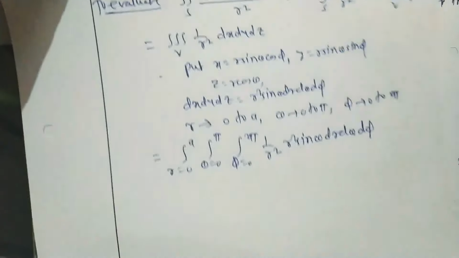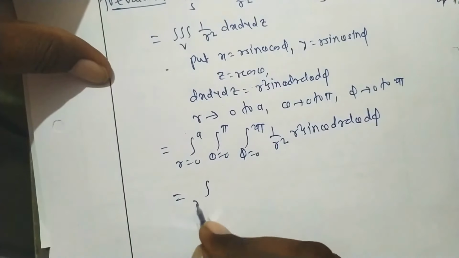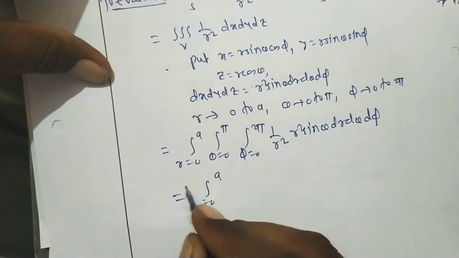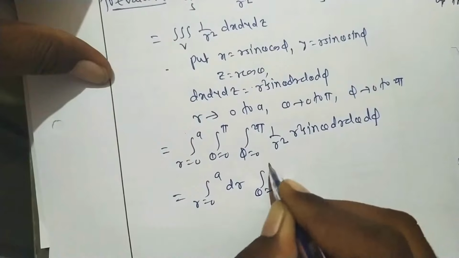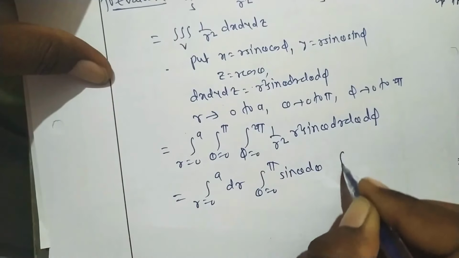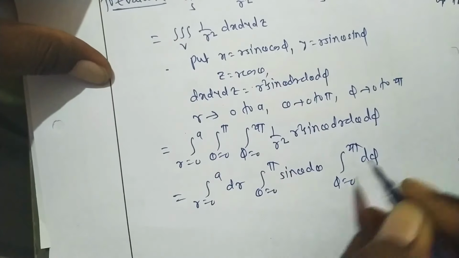Now we have to evaluate this triple integration. So this r square gets cancelled. All limits are constant, so we can take the integration one at a time. r varies from 0 to a, here dr, theta varies from 0 to pi, here sin theta d theta, and phi varies from 0 to 2 pi, d phi.